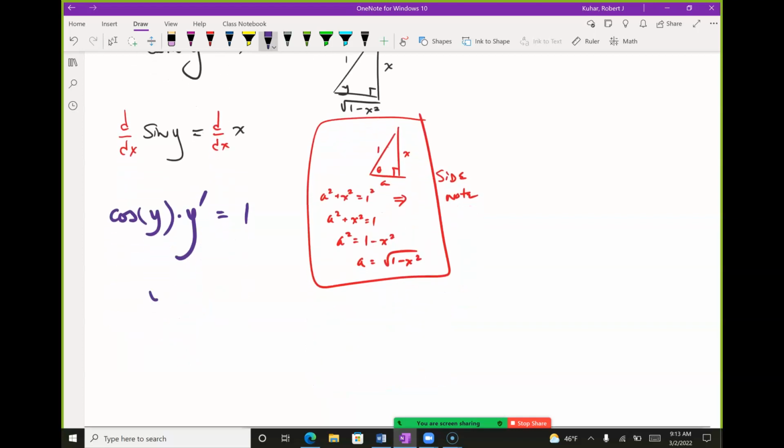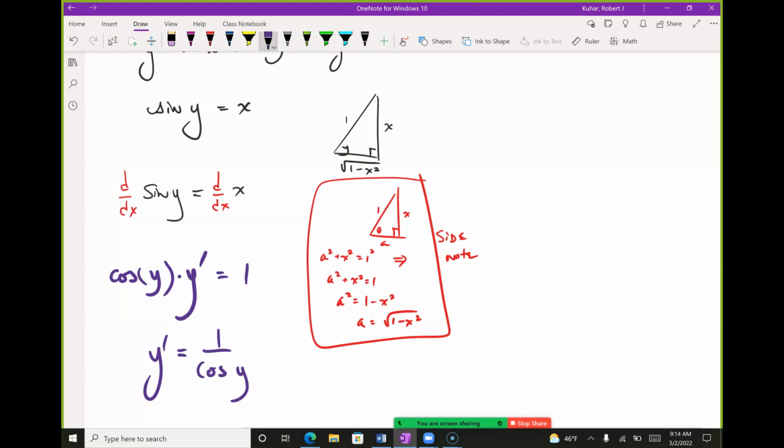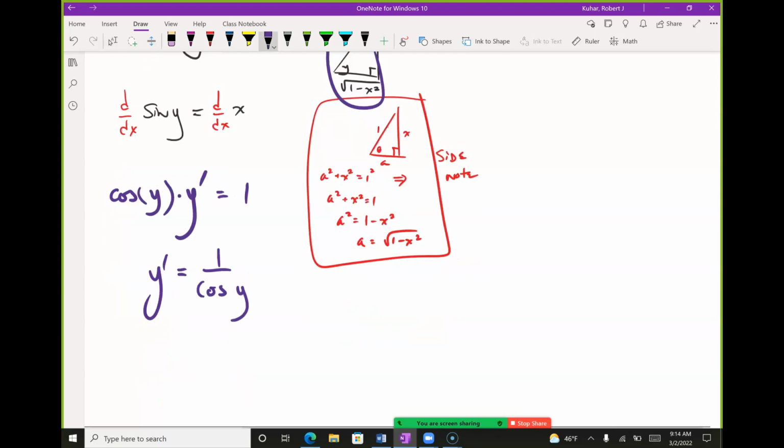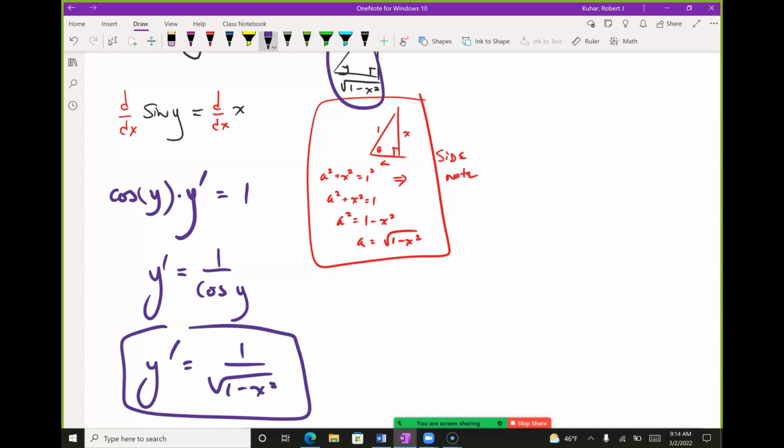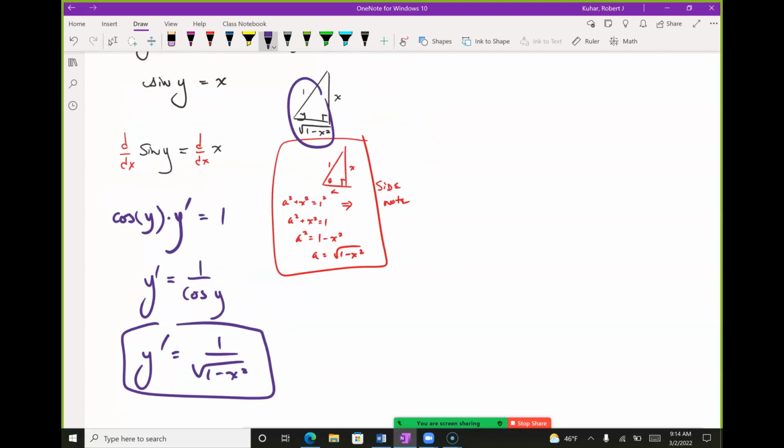So we get 1 equals cos y times y prime. That part's easy. Y prime equals 1 over cos of y. Of course, that's the same as secant. So we see that y prime is 1 over the square root of 1 minus x squared. Everybody see that from the triangle?